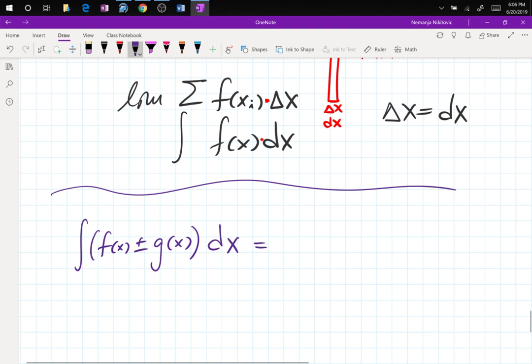And then we have integral of f of x dx plus minus integral of g of x dx. So each one gets its own integral symbol, each one of them gets its own dx. And then you have the overall area is equal to the first area plus minus the second area. Now we're going to add a and b everywhere. So go ahead and add a and b on all of these integrals.